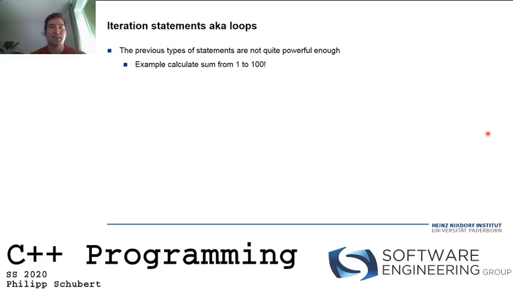Why is that? Because you can have some problems like the following easy problem here: compute a sum, calculate a sum from 1 to 100. You cannot really express that with our current knowledge in a convenient manner. Of course, what you could do is have an integer variable, and then on the right hand side the expression 1 plus 2 plus 3 plus 4 and so on till you reach plus 100.